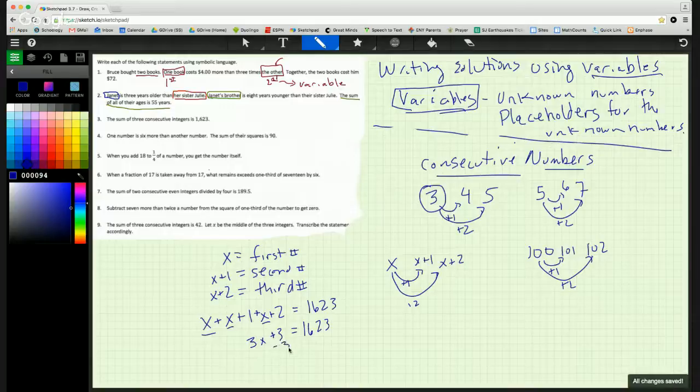Or, subtracting 3, 3x equals 1620. Or x equals, divide this by 3, and you get 540. So I get 540, 541, and 542.